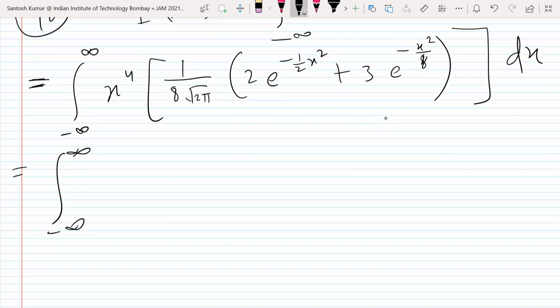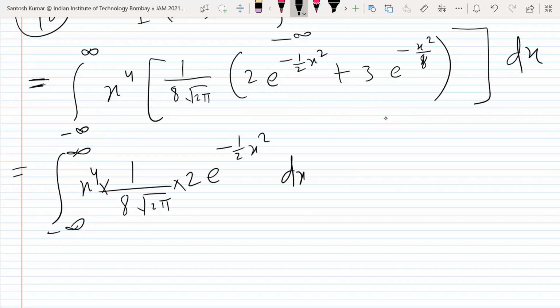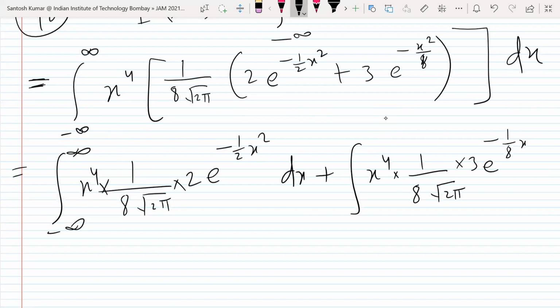The first term is the integral from minus infinity to plus infinity of x^4 into 1 by 8 root 2 pi times e raised to power minus half x square dx. The second term is x^4 into 3 by 8 root 2 pi e raised to power minus 1 by 8 x square.